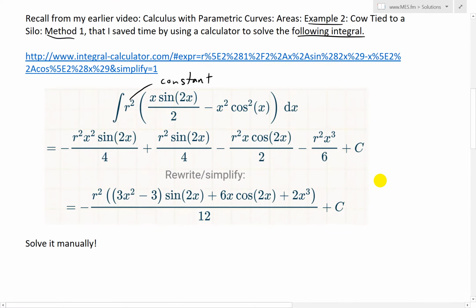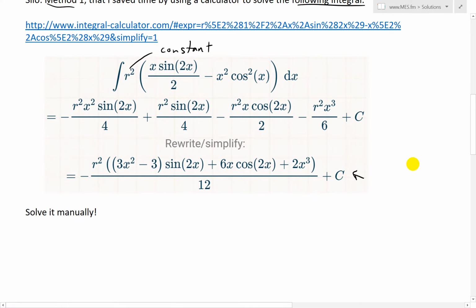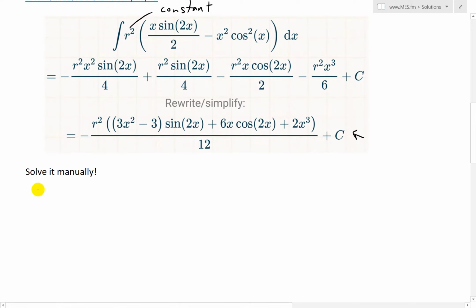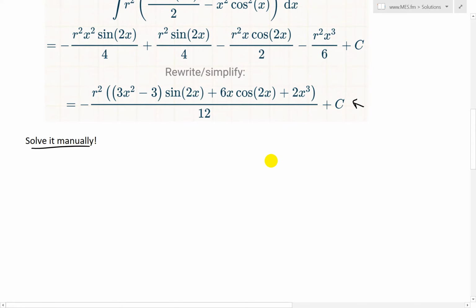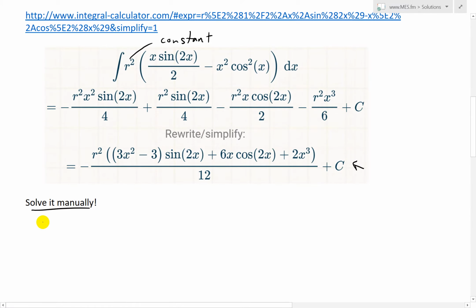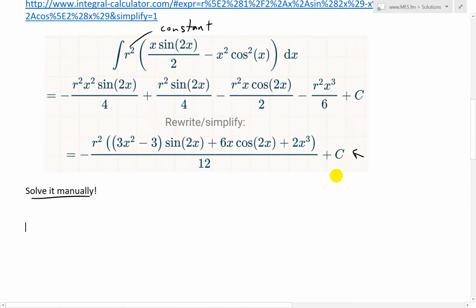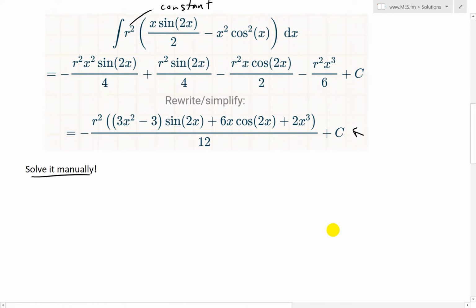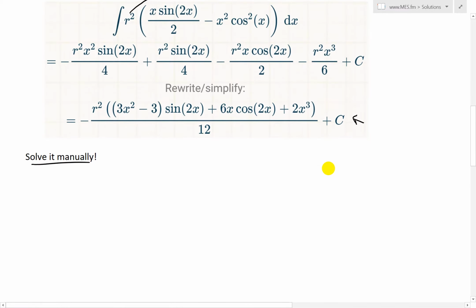And I just used a calculator, that online one, integral-calculator.com, to solve it and get this, which saved a lot of time. But now let's just solve it manually, just to show you how to go about solving it, and just because it's a pretty interesting example, and it's pretty interesting the way to break this down and try to solve this. So let's go ahead and solve it.